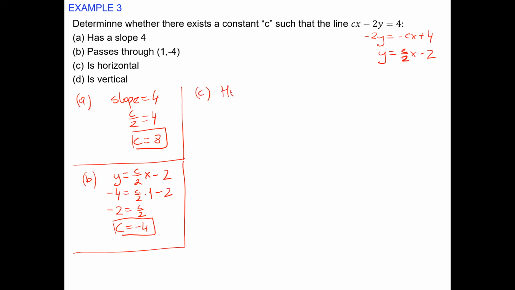Now horizontal line. What is the slope of the horizontal lines? Slope is 0. And I can take this c over 2 because this is the slope. Yes, this expression is 0 if c is 0.